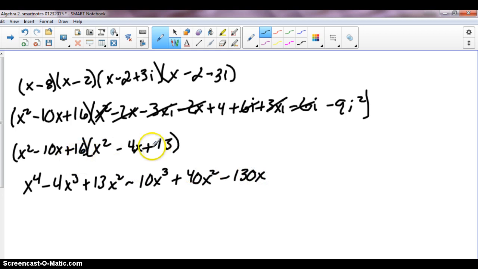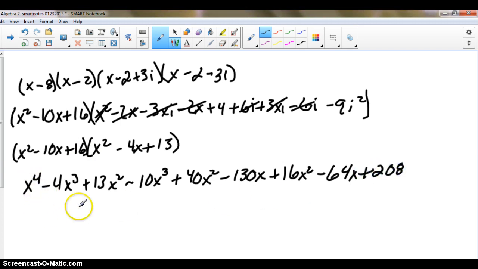And then 16 times all this. Let's see, 4 times 16, that's 40, and 24, so that's going to look like 64x. And then 16 times 10 is 160. 3 times 16 is 48, so it's going to be 160 plus 48. I think that's 208.